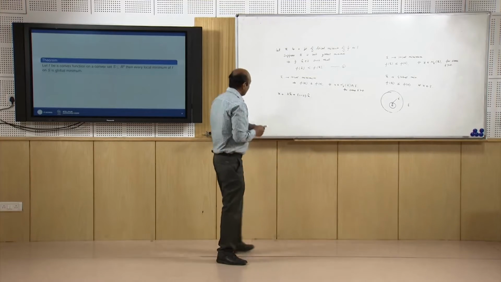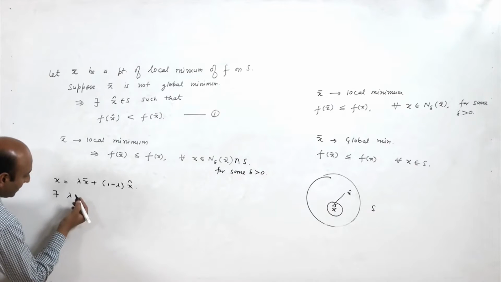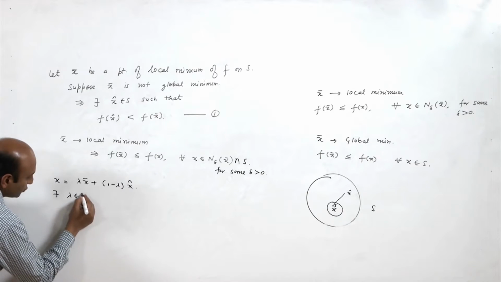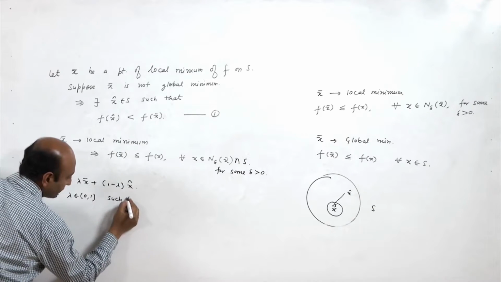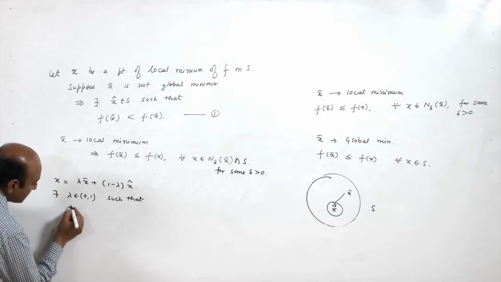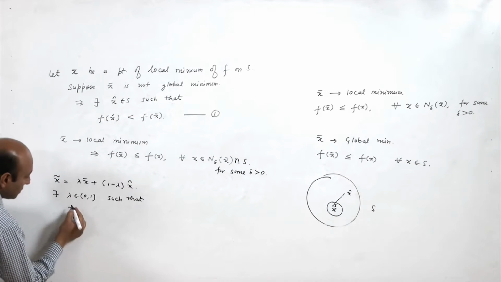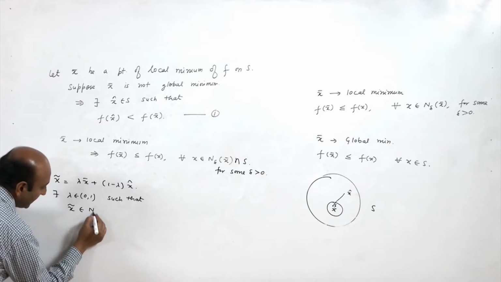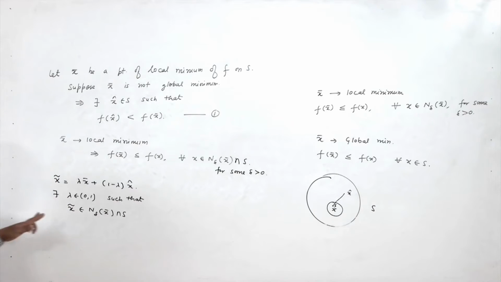So, of course, there will exist some lambda belonging to (0, 1) such that this, suppose this is x tilde, belongs to delta neighborhood of x bar intersection S, no matter how small this lambda is.